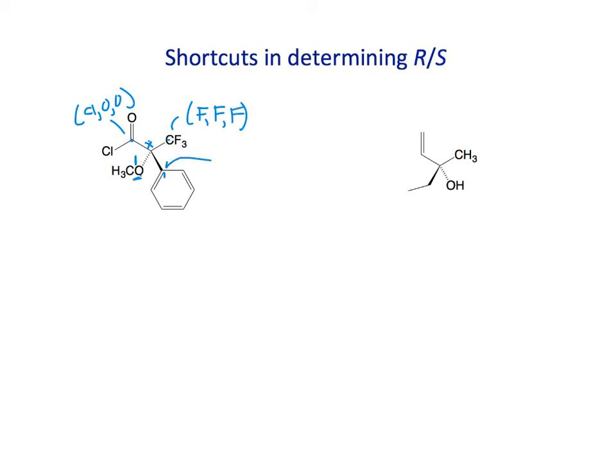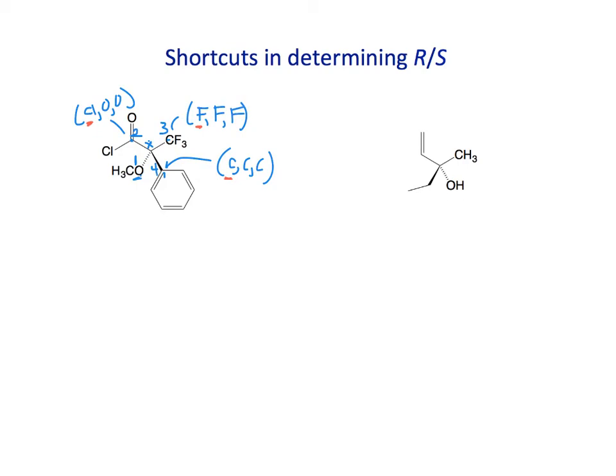And what would we classify this as? Well, there's no hydrogens on there. This will just be carbon, carbon, carbon. Then we compare. Okay, chlorine, fluorine, carbon. All right, chlorine has the highest atomic number, so remember we need to remember our periodic table. So this is 2. Fluorine is higher than carbon, so this is 3, and this is 4.